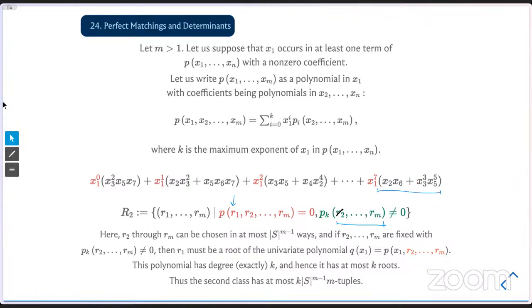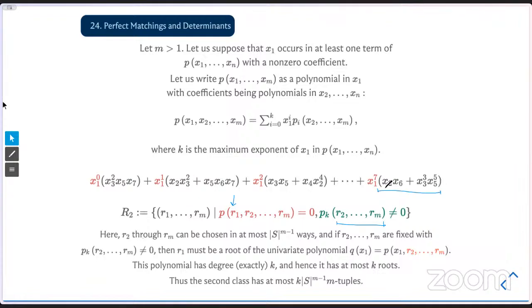So let's plug in the values of R2 through Rm in P. When all the variables from X2 through Xm take values R2 through Rm, all of them become actual constants from your field. What you're left with is a univariate polynomial in X1, because that's the only thing for which we have not plugged in a value.